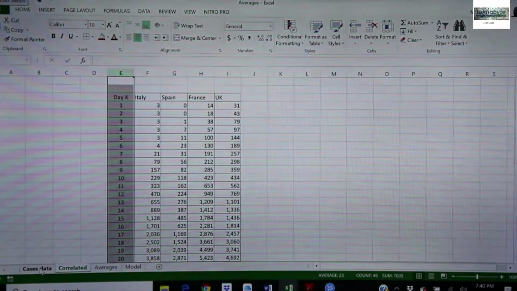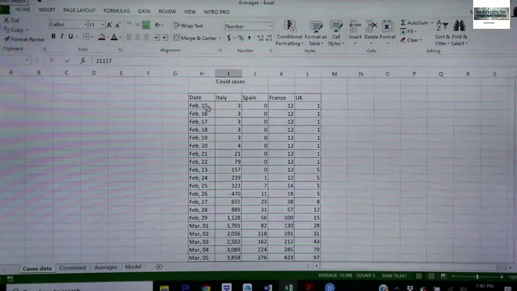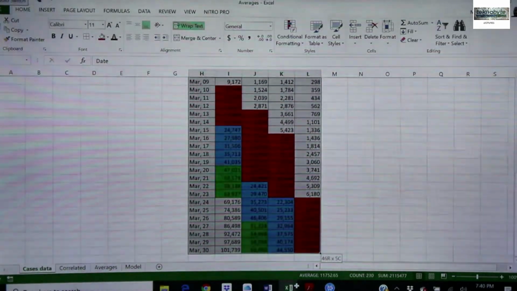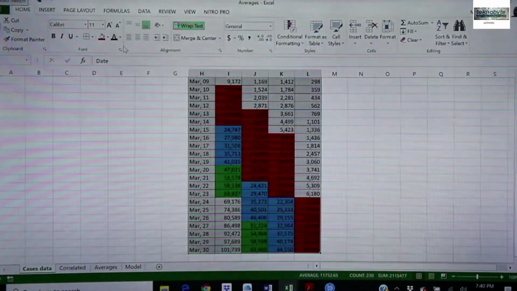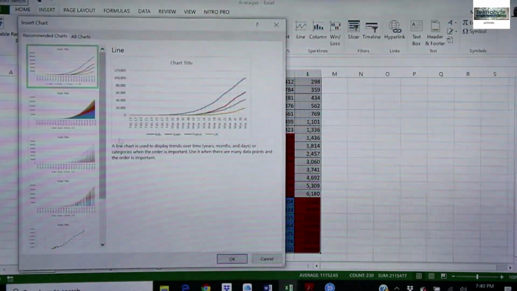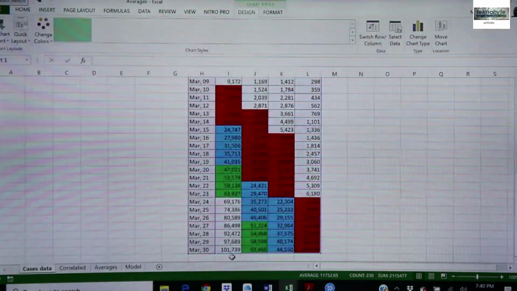There's another way to look at this. If, for example, you try to create a curve for this data, this is actually what you find.